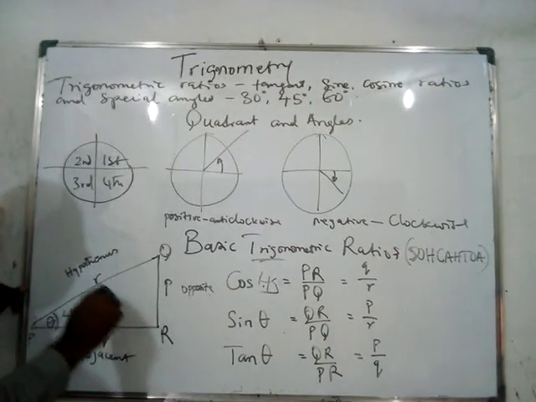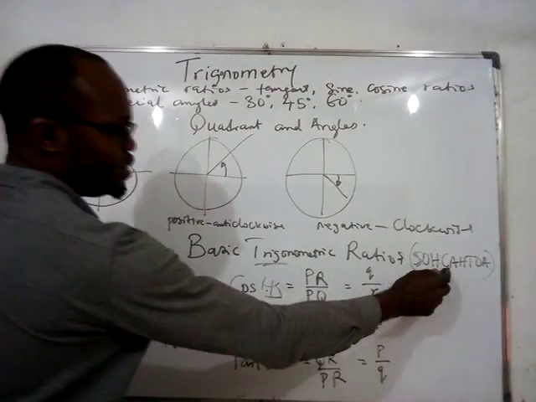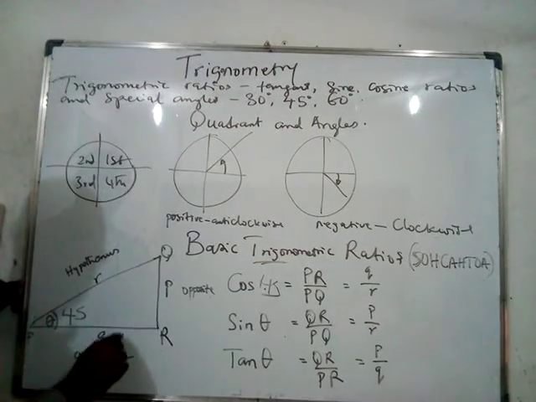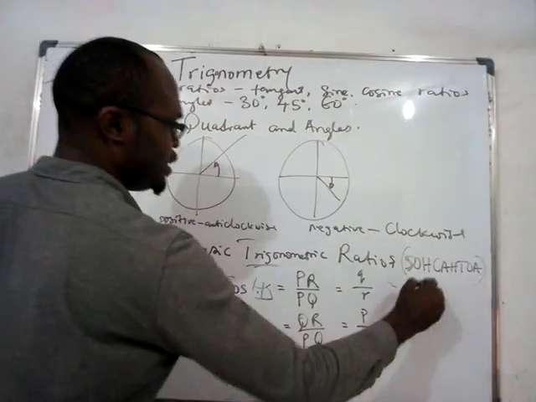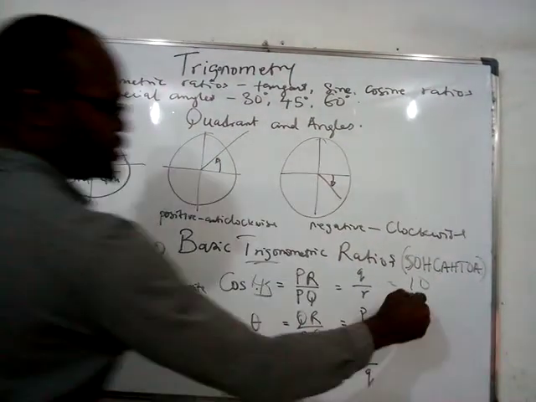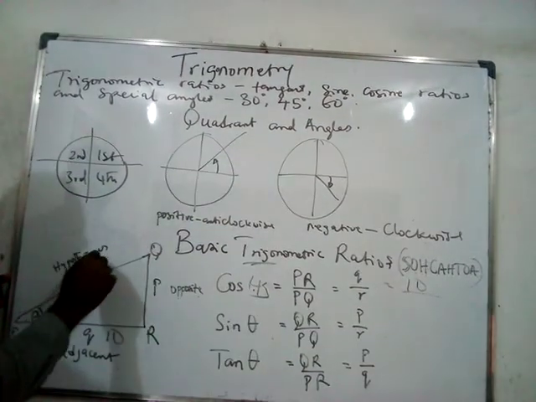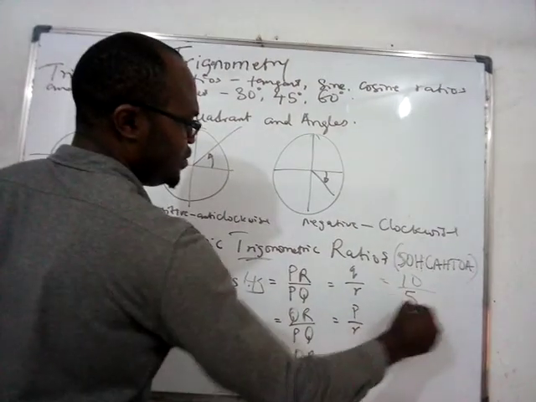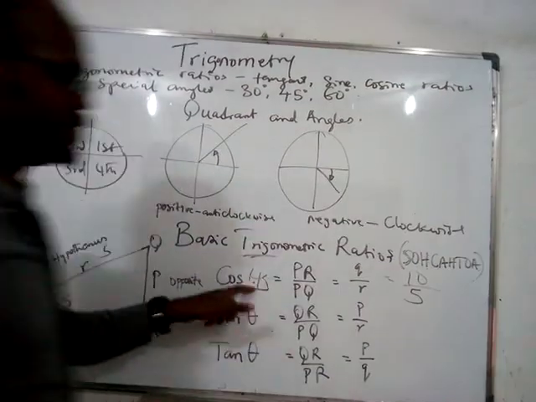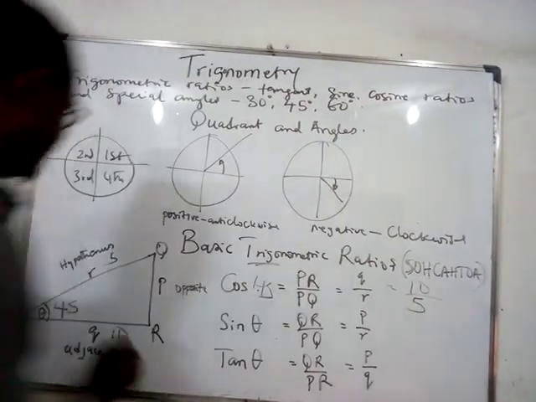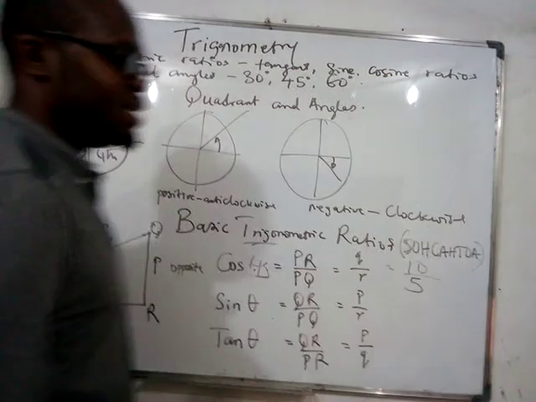It's going to be the adjacent. If it is 10, this is going to be equal to 10 all over hypotenuse. Anything you have here, if it is 5, it's going to be 10 over 5. So cos 45 is going to be 10 over 5, if you had 10 here and you had 5. So that is how you do it.